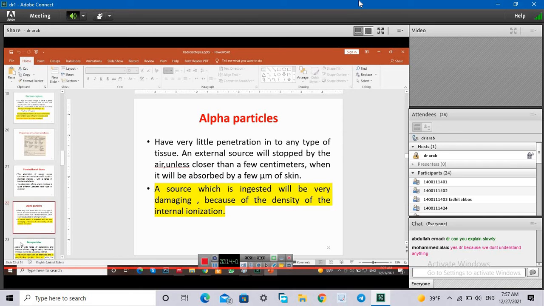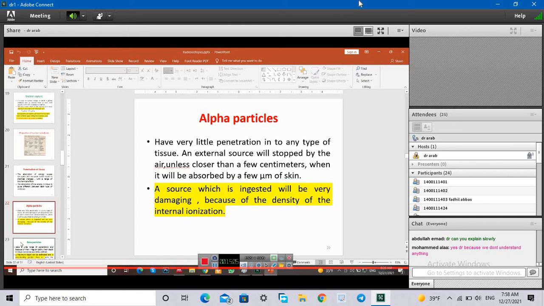Perhaps I will ask you which particle has the lowest penetration rate. You say it is the alpha particle, because this particle has the highest mass and highest charge. When an alpha particle interacts with tissue, it will be absorbed by a few micrometers of skin.